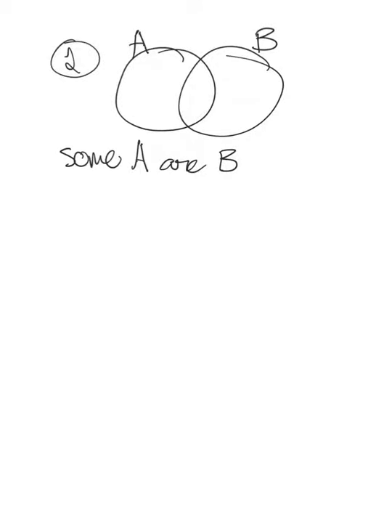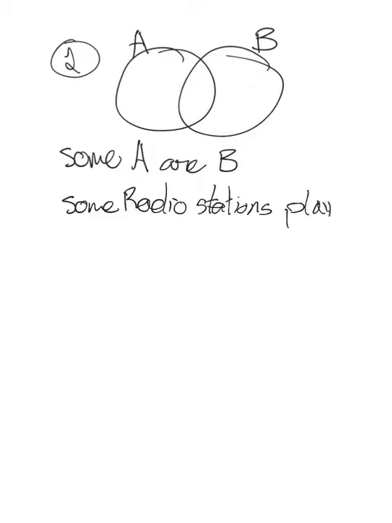So in our example that I'm going to use, some radio stations play rap. So let's see if we can identify what the A's are and what the B's are. So some A are B. So some radio stations play rap.